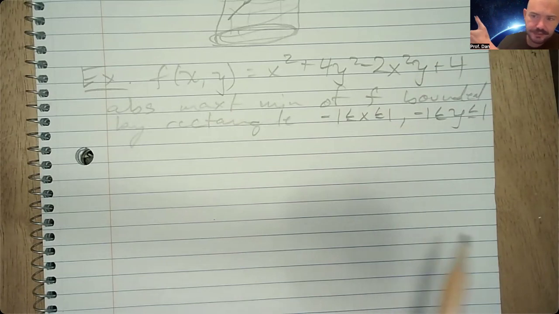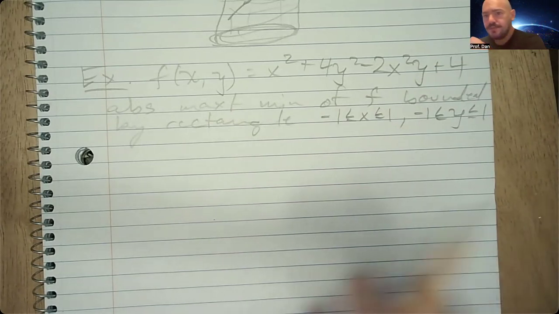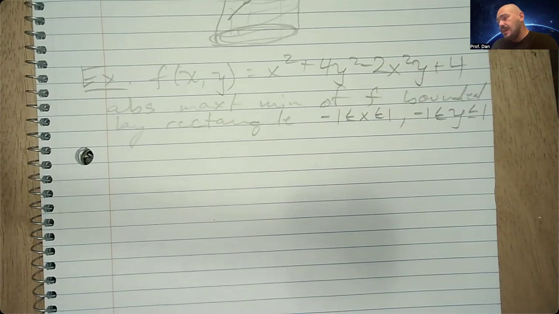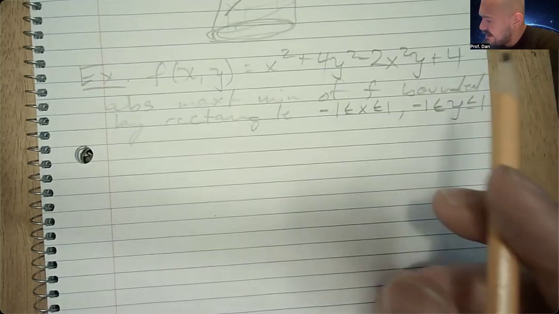We need to set our gradient equal to 0 and figure out critical points from there. Other than that, rather than having just one single boundary point that we plug in and analyze, we have boundary edges because we're looking at essentially a rectangle instead of just a straight line.